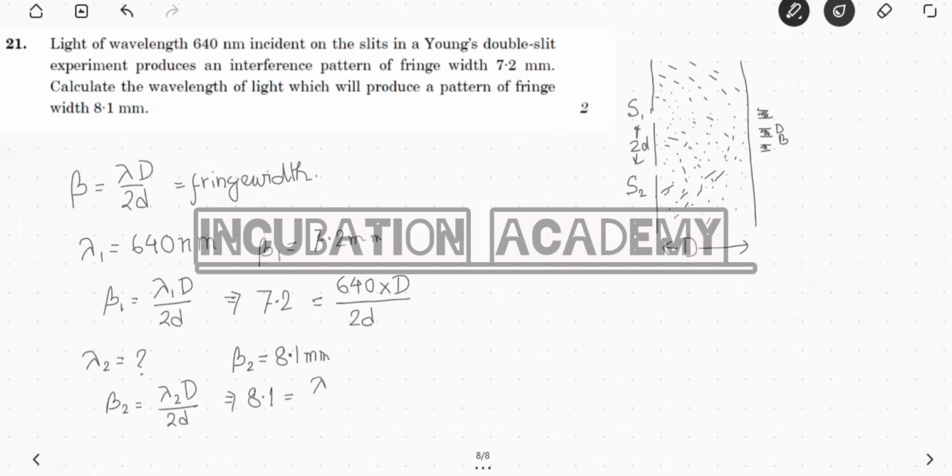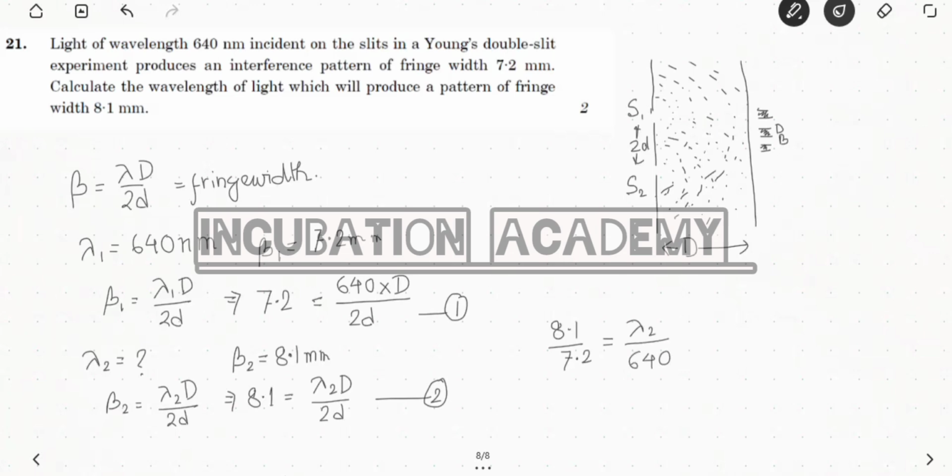Now if I do equation 2 divided by equation 1, then 8.1 divided by 7.2 is equal to lambda 2 divided by 640. I hope you understood that, because the factors capital D divided by 2d cancel out each other.